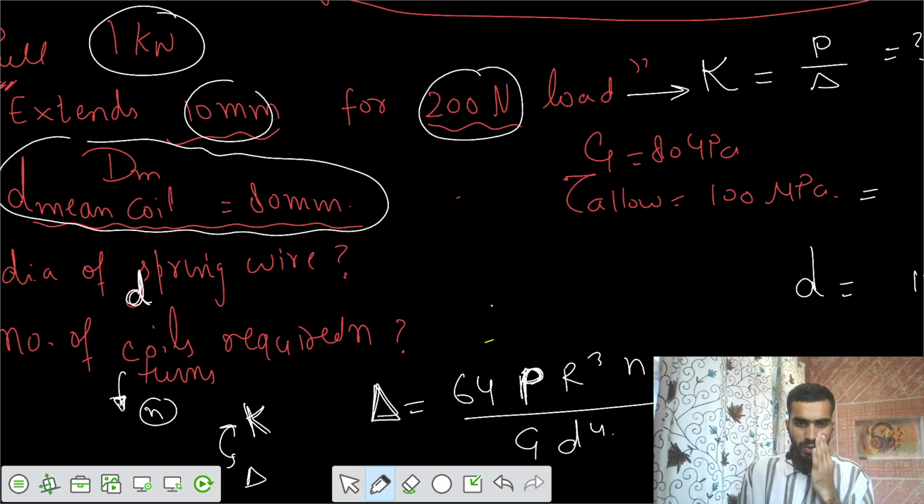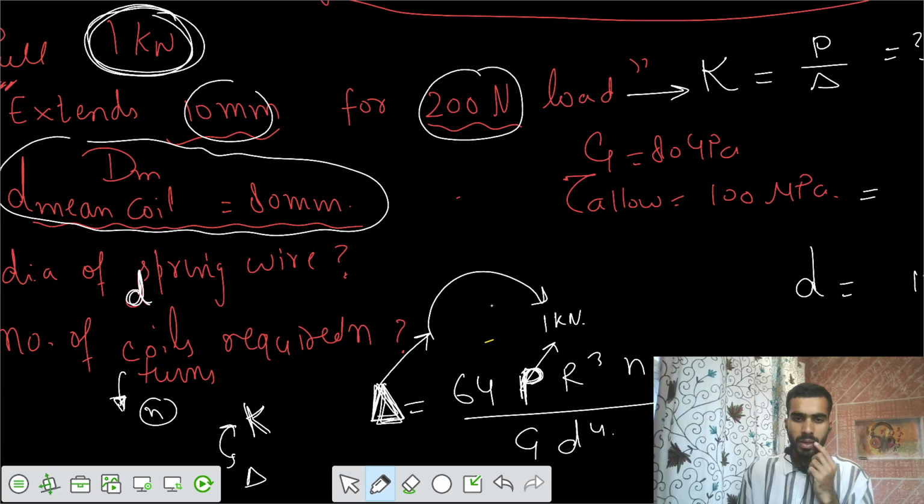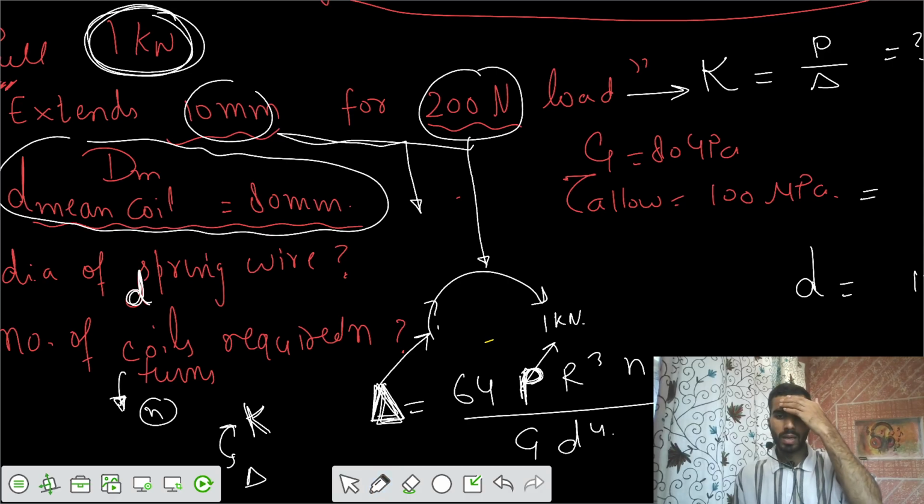If you are using 1 kilonewton, you don't know the value of delta corresponding to 1 kilonewton. That means I have to go with this data. If I use delta equals 10 millimeter and P equals 200 Newton, based on the same equation, I can get the values.